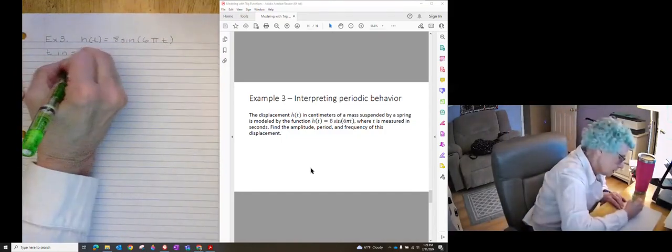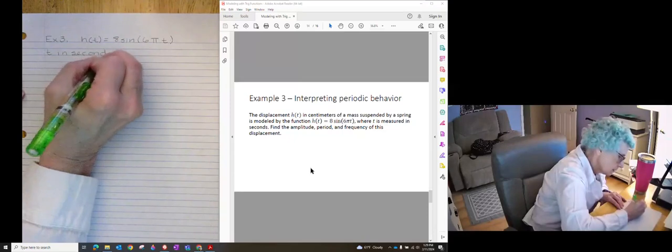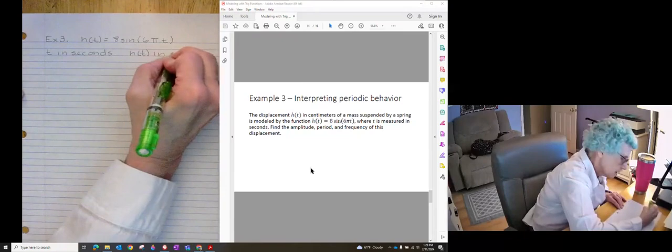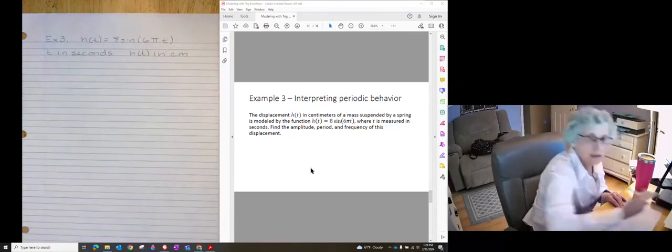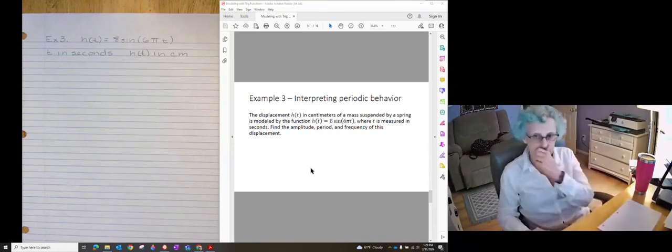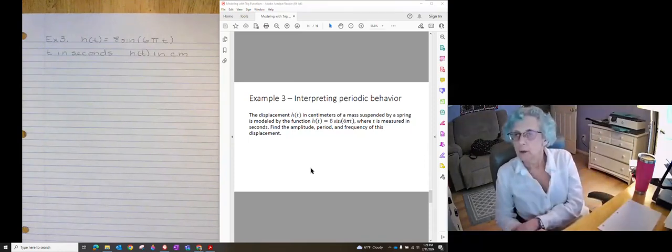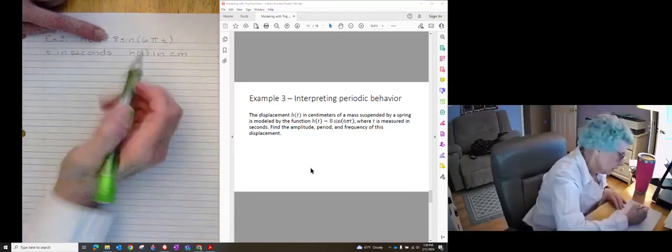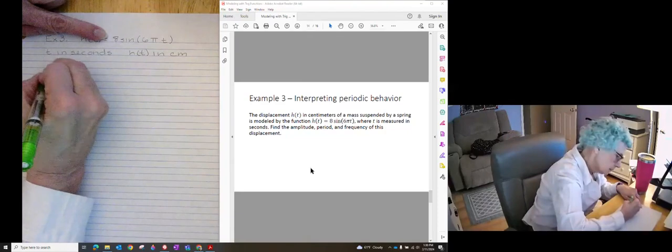So t in seconds. And I'm just going to go ahead and write h of t is in centimeters just to help me remember. So we want to know the amplitude and what that means in the context of the problem, period, and frequency. Well, the amplitude is 8.